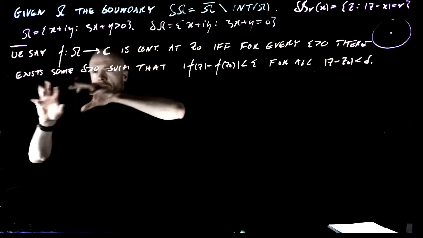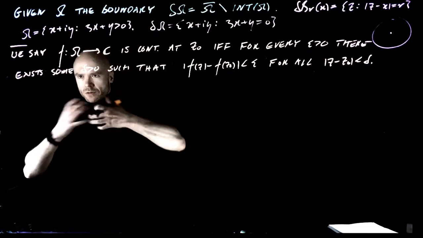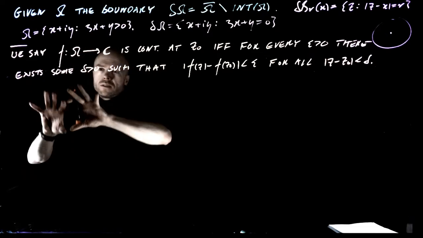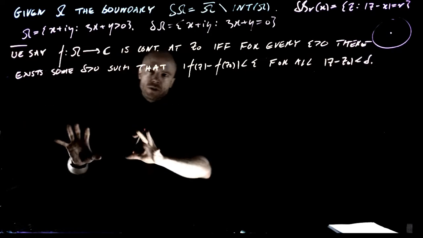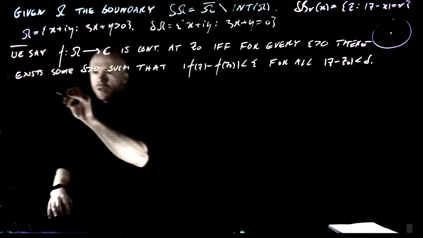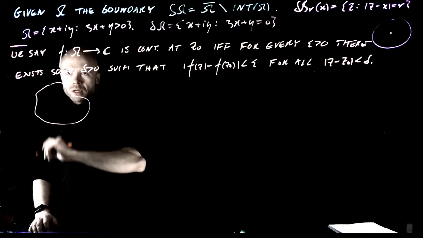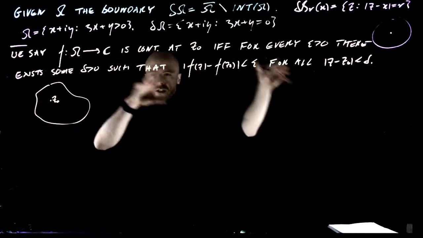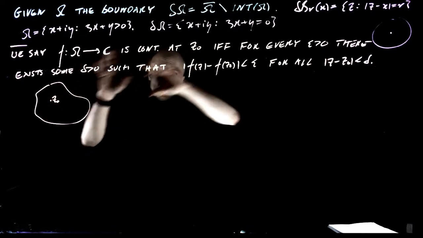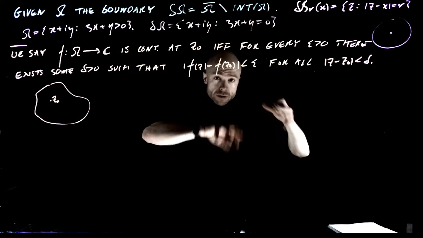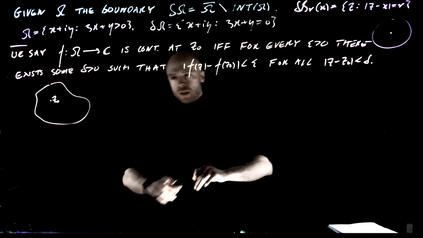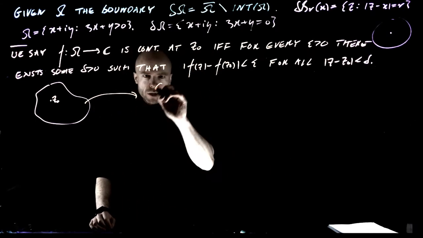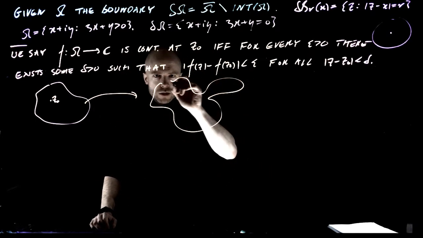We're going to have to visualize complex valued functions from the complex numbers as deformations of a two-dimensional space into a two-dimensional space. So this, say, is omega, and this is our point z0. This function maps this thing into a subset of the complex plane, a two-dimensional blob. Maybe it looks like this, who knows.